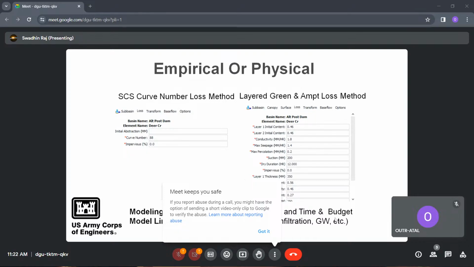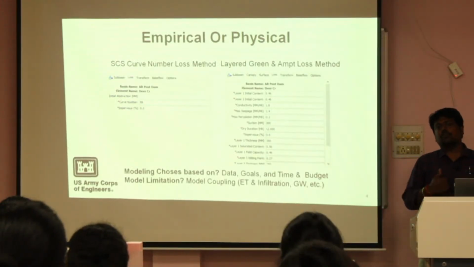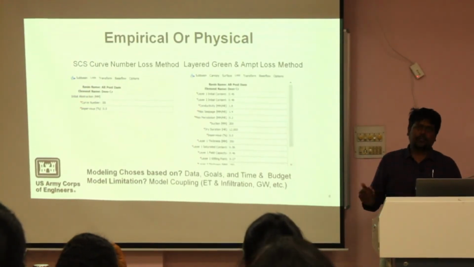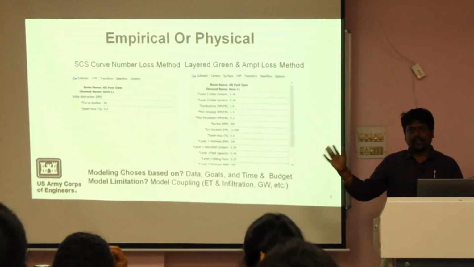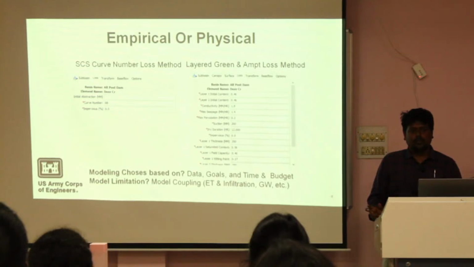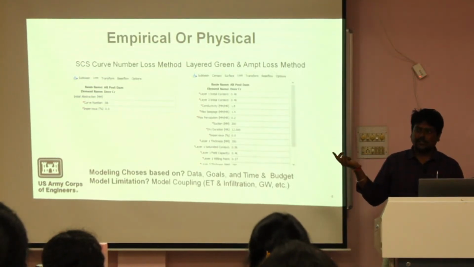As an example of empirical or physical, you can go with the empirical methods, or with whatever physical data you have from pan evaporations or something. So the SCS curve number, you know, is from Soil Conservation Service USA 1969.